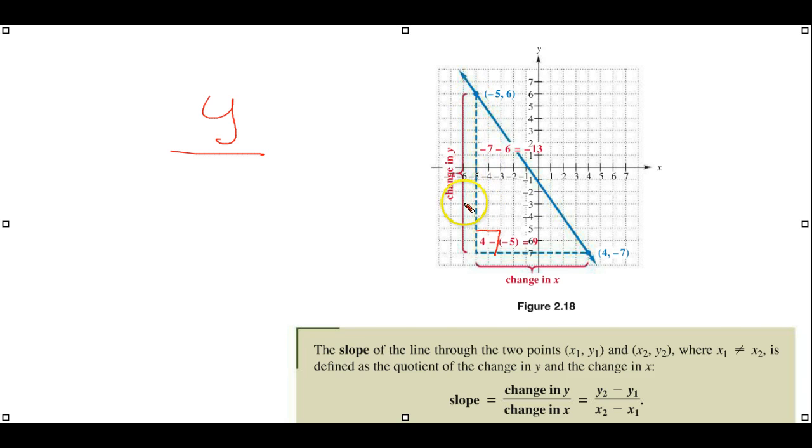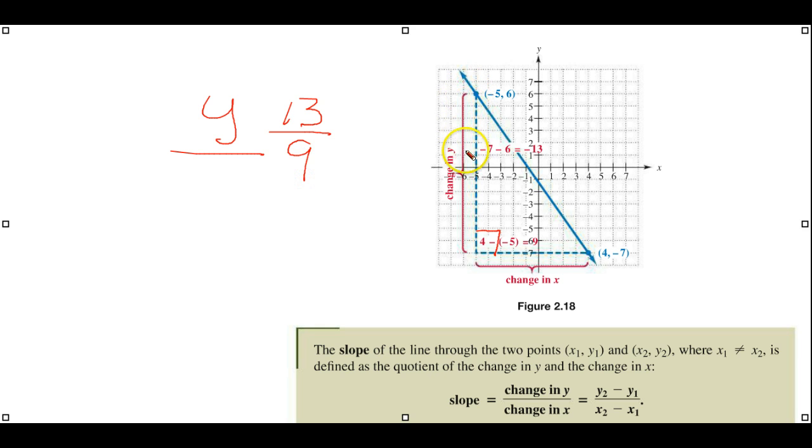So what would this side be, which is our change in y? So we can start counting. 1, 2, 3, 4, 5, 6, 7, 8, 9, 10, 11, 12, 13. This would be 13. And then counting this way, 1, 2, 3, 4, 5, 6, 7, 8, 9.